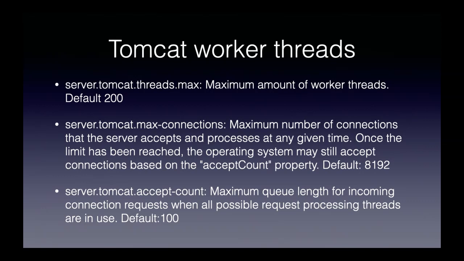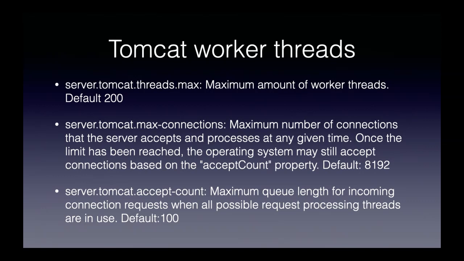These are the maximum number of connections that the server accepts and processes at a time, right? With a non-blocking IO connector, a single thread can serve multiple connections. When some of the connections are waiting on IO, the threads can switch over and work on the other connections. But in blocking IO mode, each and every connection will get its own thread.